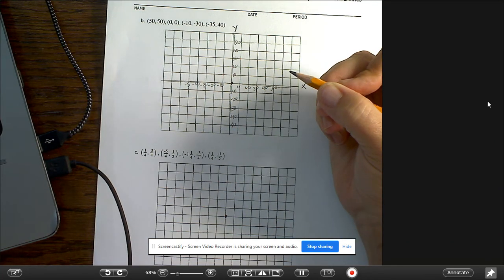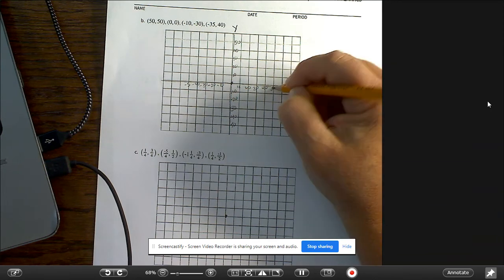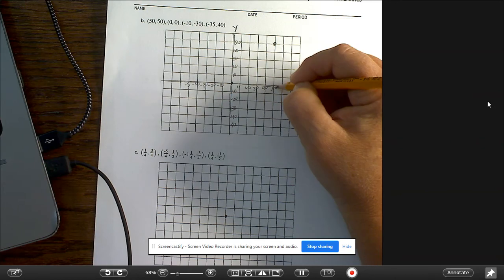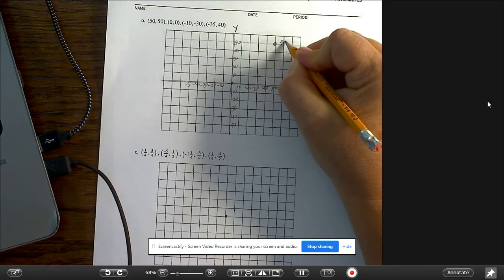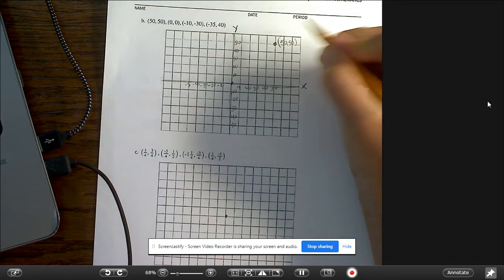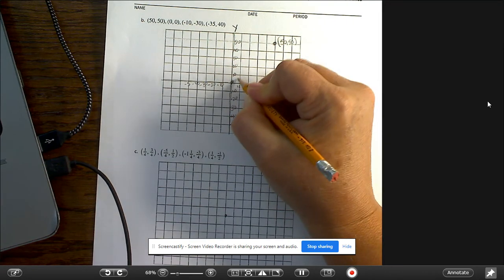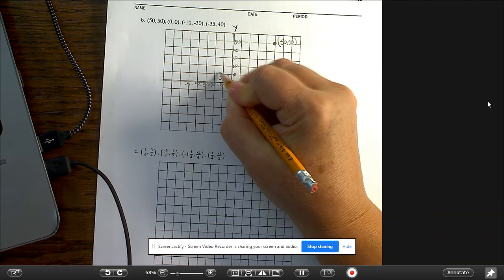Okay, so now I'm going to plot them. So I have a +50 and a +50 that's going to go here, over and up to 50. So that's (50, 50) in parentheses. My next one is (0, 0). That's here. I got to squeeze that in somewhere.